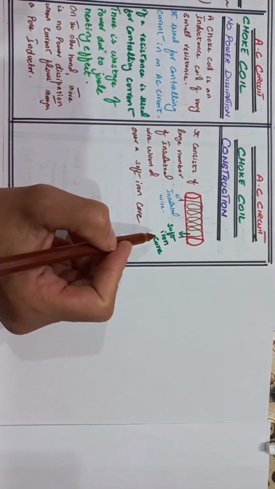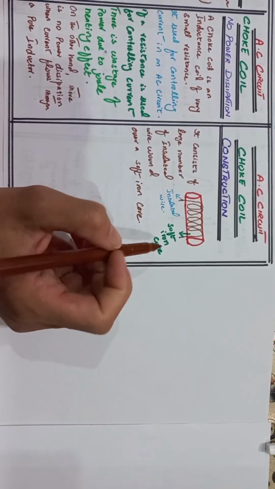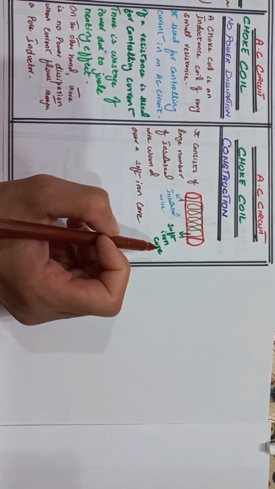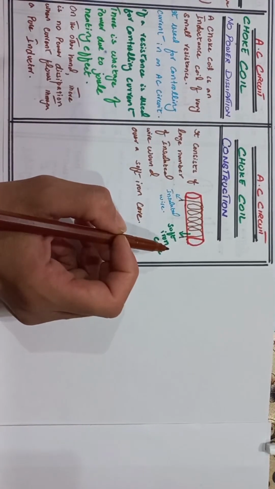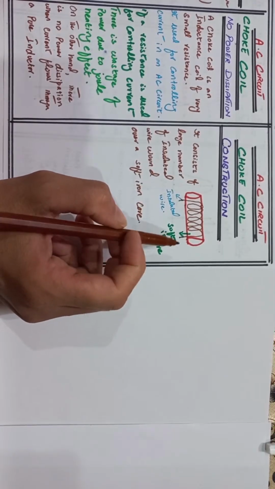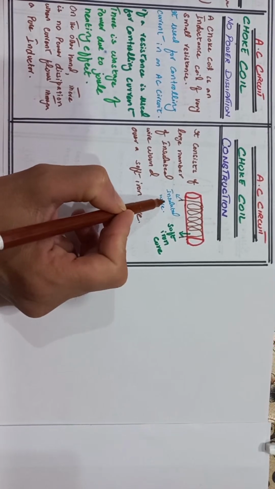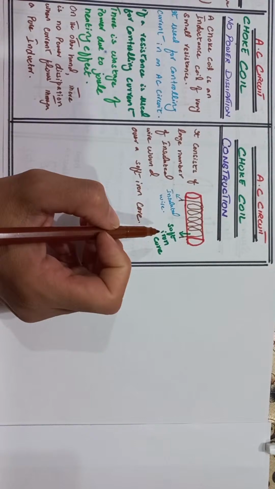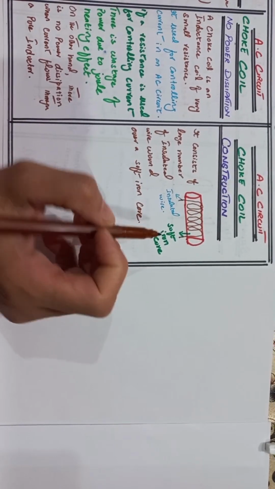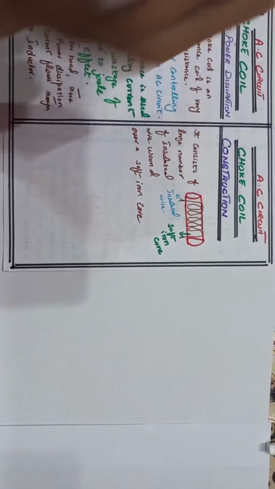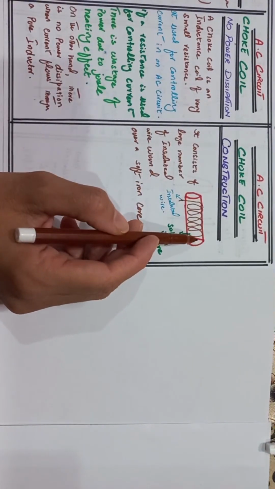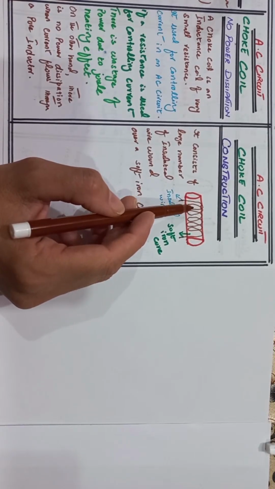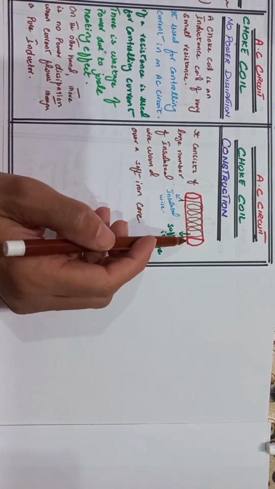Why do we use the soft iron core? Because it is easily magnetized and demagnetized. We will discuss in the next chapter, the physics in solids, in detail why we use the soft iron core. Then a laminated core is used to minimize the eddy current. Why do we use the laminated core? A laminated core is divided into a large number of layers. Those layers are used to reduce the eddy current that is produced in the coil.